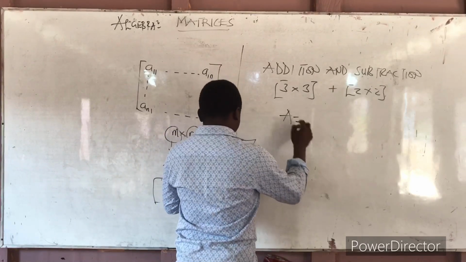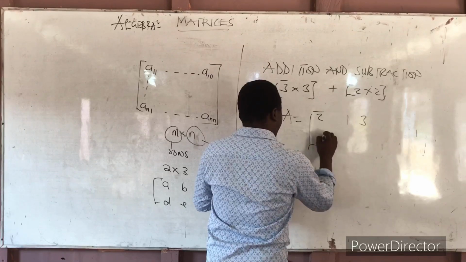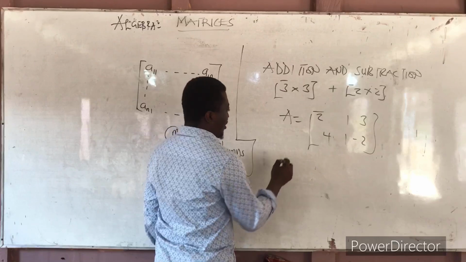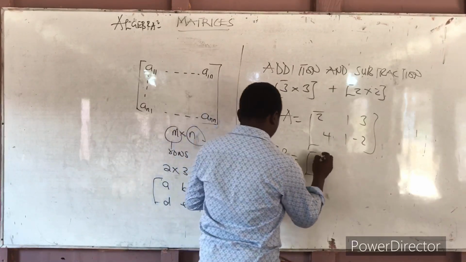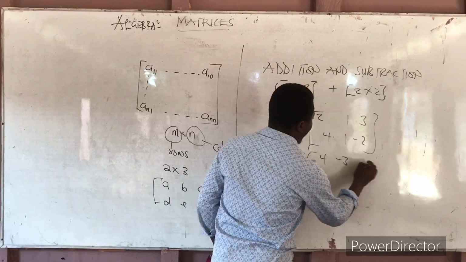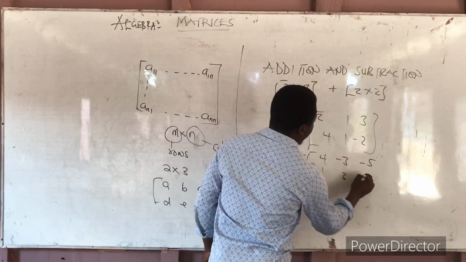So for example, if I have matrix A, which is 2, 1, 3, 4, 1, negative 2. This is a 2 by 3 matrix. And I have B, which is also given by 4, negative 3, negative 5, negative 1, 3, 2.